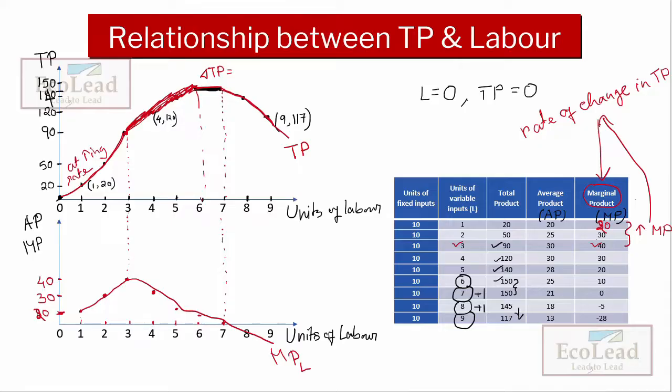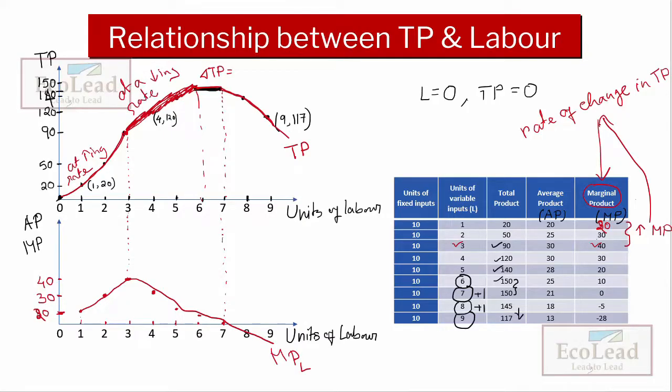Here we can see marginal product reaches its maximum when the curvature of the total product changes, and after that the total product has increased but at a decreasing rate.